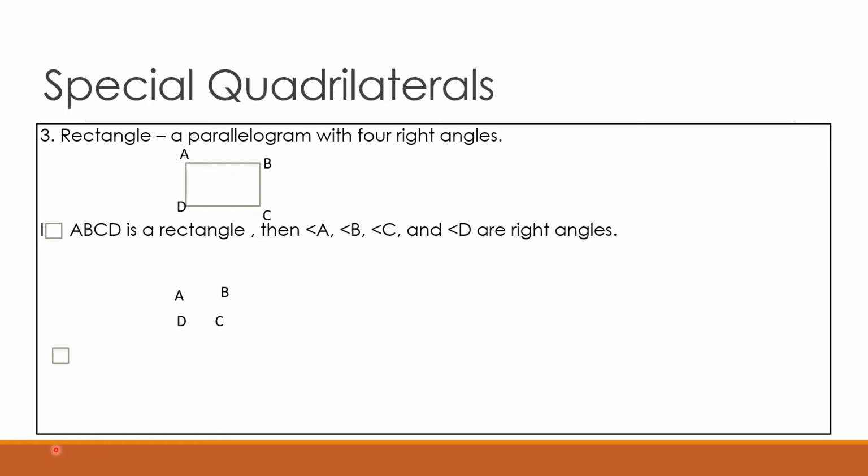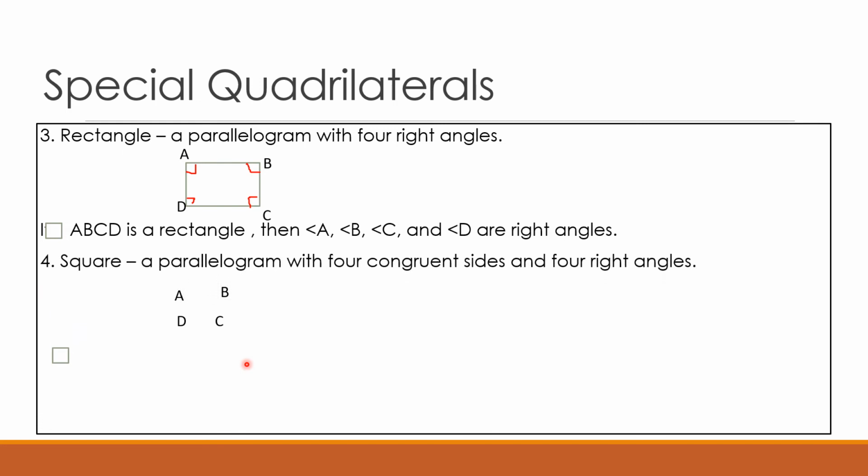So, these are right angles. These are equal. We put a perpendicular sign. This means 90 degrees.